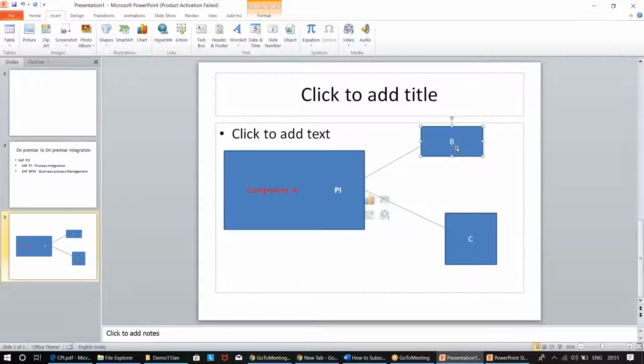In CPI also we have it, but in PI more, because sometimes a third-party application might try to manipulate a request while sending it to a server. That's why we don't send the request directly to the server, we pass it through a middleware. It might act as a proxy also. We'll talk about the concept of proxy later, but it's very important. So this is your PI landscape as such.